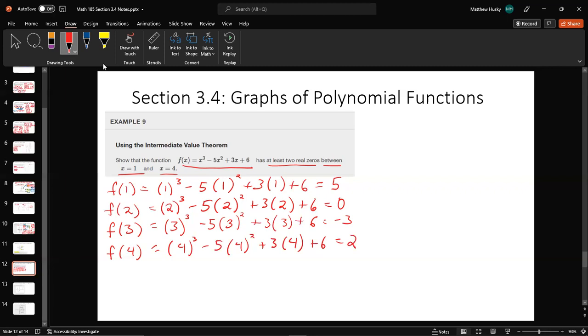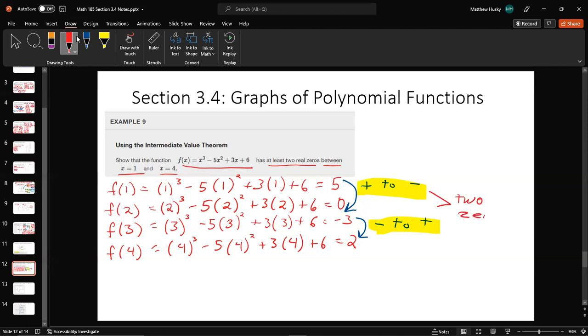Okay, so what does this mean? Well, from here to here, that's positive to negative. And then from here to here, that's negative to positive. So there are 2 changes, which means that there are at least 2 zeros.